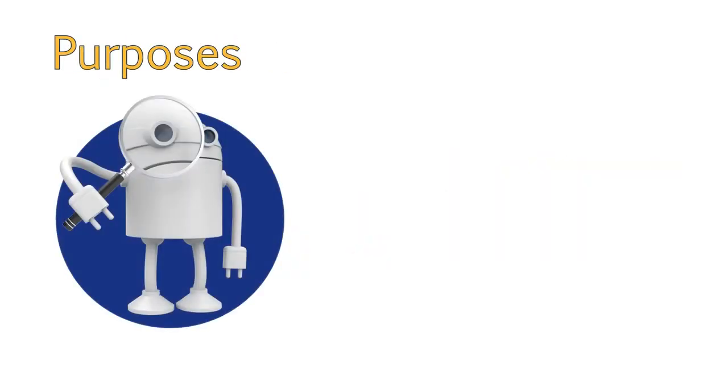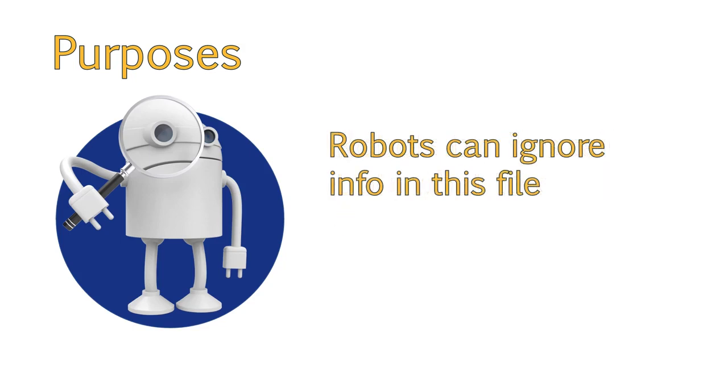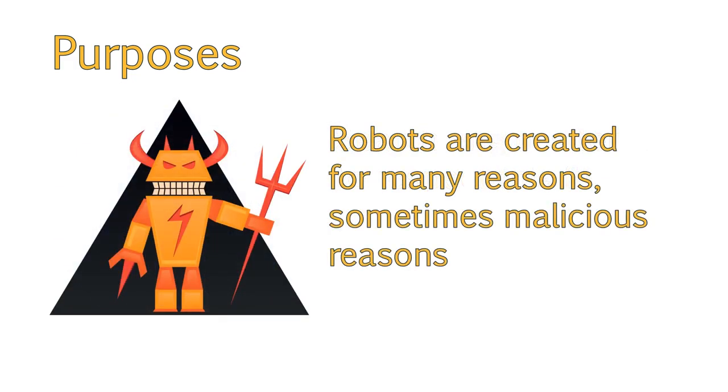It's important to note that while robots.txt files provide search engine bots with your preferences for what should or should not be crawled, robots can choose to ignore information in this file. Search engines like Google or Bing tend to respect this file, but people create robots for many reasons, and these reasons can sometimes be malicious.